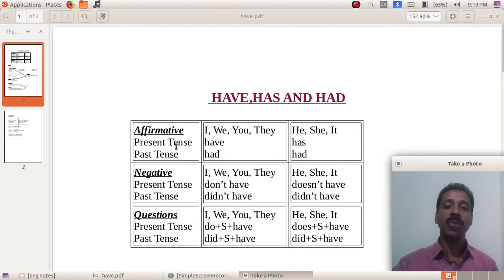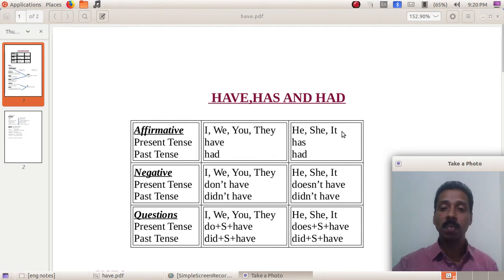So here, if it is present tense, along with the pronouns I, we, you, and they, we have to use have. But if it is he, she, and it, these three pronouns, we know these are called third person singular pronouns.